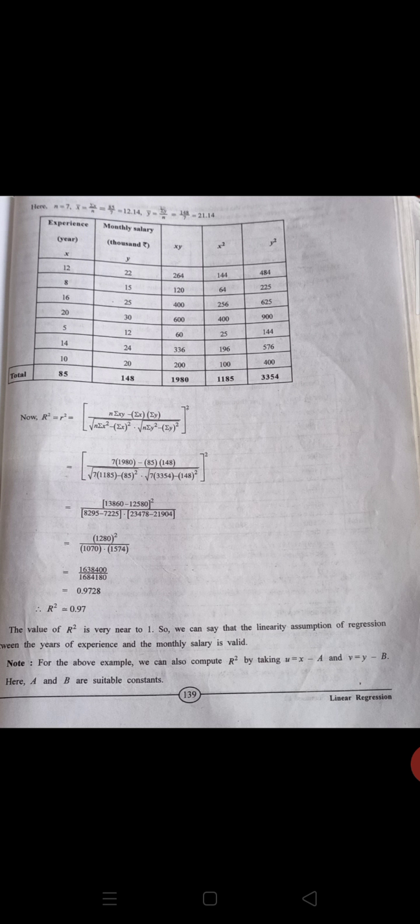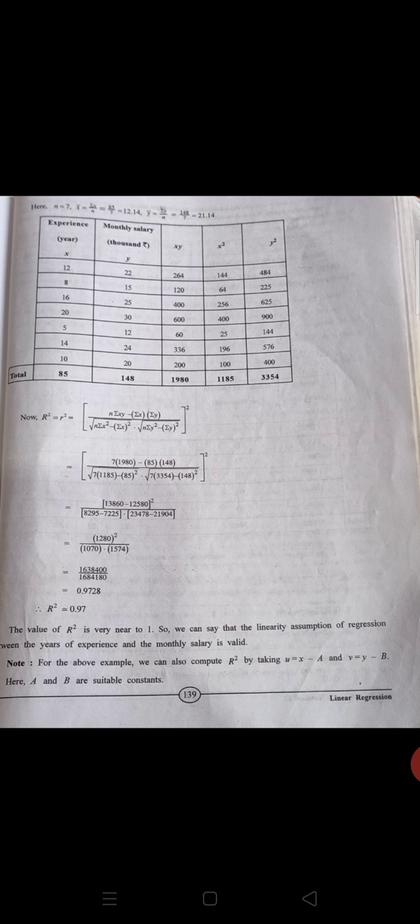Then x square, we have to square x. 12 square 144, square of 8 64, 16 square 256, square of 20 400, square of 5 25, square of 14 196, square of 10 100. When we do the total, sigma x square is equal to 1185.